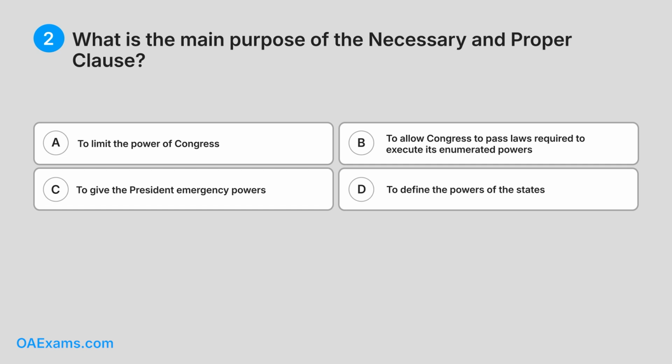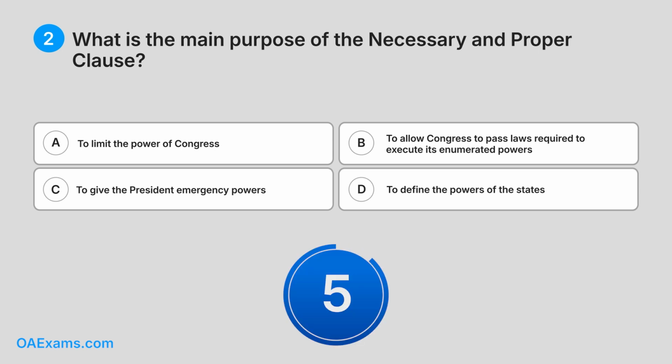2. What is the main purpose of the Necessary and Proper Clause? A. To limit the power of Congress. B. To allow Congress to pass laws required to execute its enumerated powers. C. To give the President emergency powers. D. To define the powers of the states. Do you know the answer?